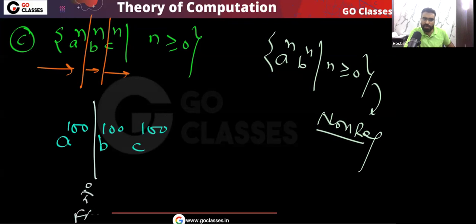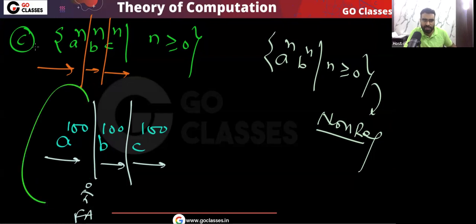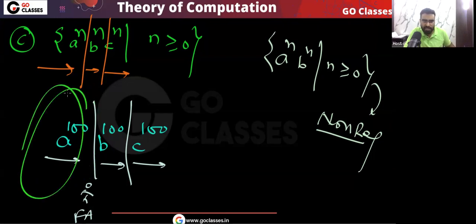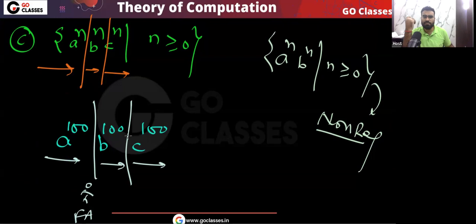The finite automata must remember how many a's we have seen, so that we can match with the number of b's, and with the number of c's. So your finite automata must remember exactly how many a's you have seen, whether 500 a's, maybe 10,000 a's. Is this clear? So that we can match with the number of b's and the number of c's. So this language is non-regular.